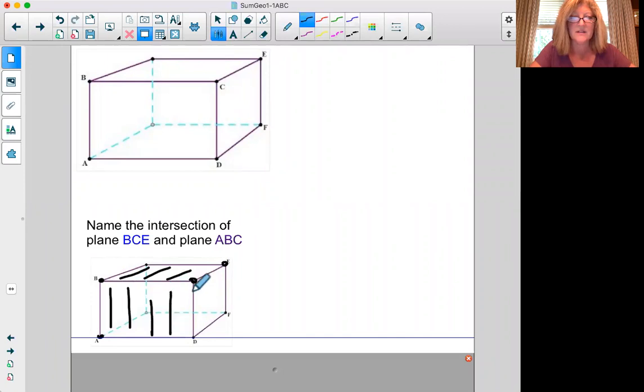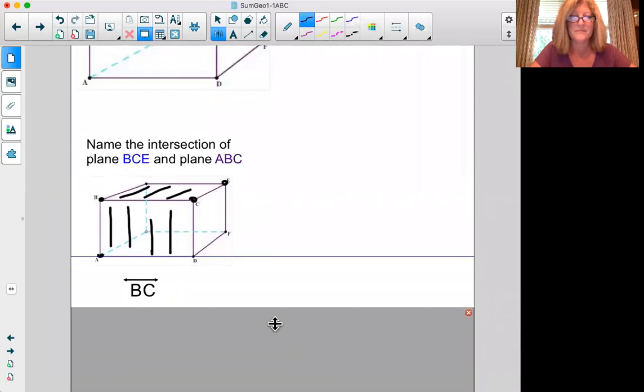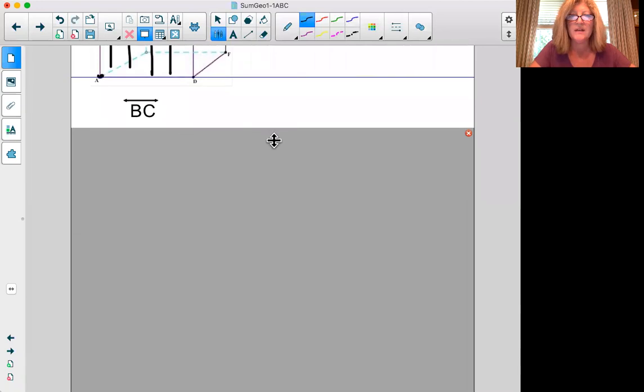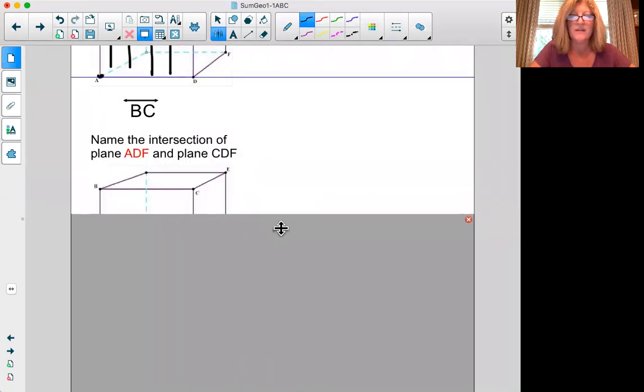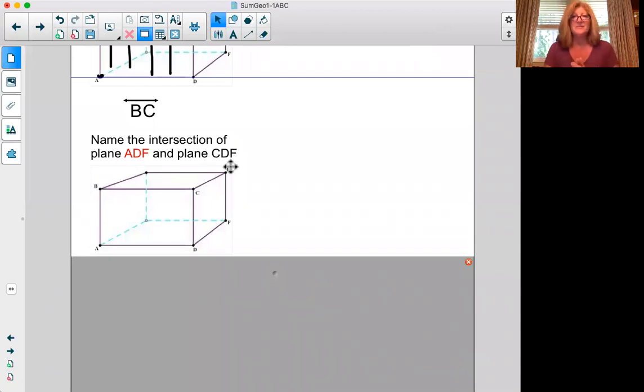And so you can see that they intersect in this edge BC. So now I want you to take a minute and find the intersection of these two planes. Pause and do that on your own paper and see if you can come up with the intersection of these two planes, and then press play for the answer.